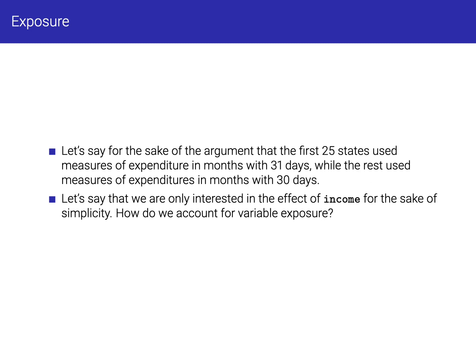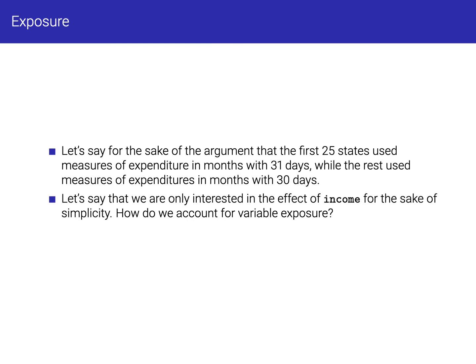Okay, so let's say for the sake of argument that the first 25 states used measures of expenditures in months with 31 days, while the rest used the expenditures in months with 30 days. So maybe among these states, expenditure was measured for different months, and the months do not have the same number of days.